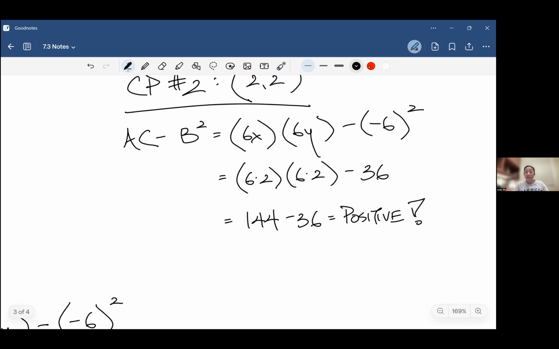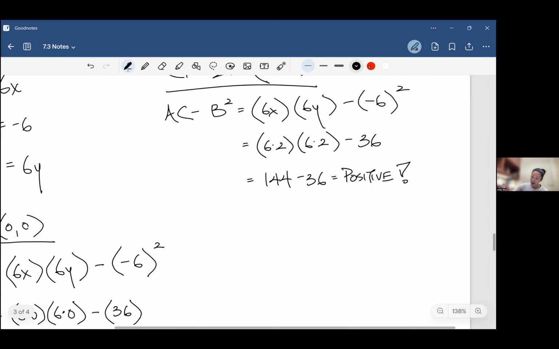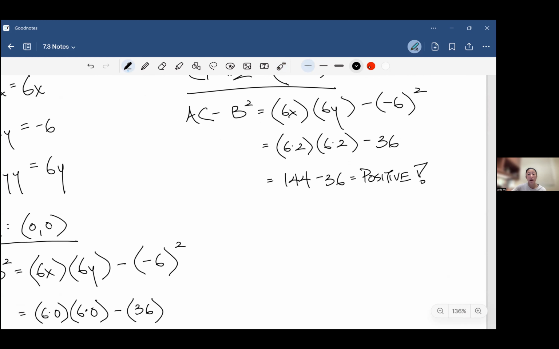We could find the number, but it doesn't actually matter what the number is. It matters whether it's positive or negative. If AC minus B squared is positive, then we actually have to see what fxx is. Our fxx, which is our A, is 6 times 2, which is 12, which is also positive.